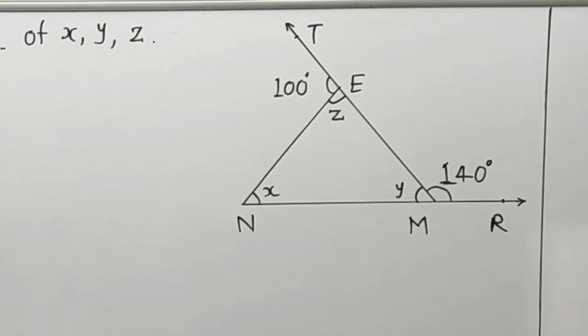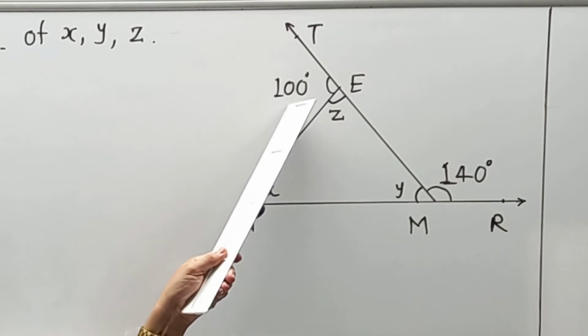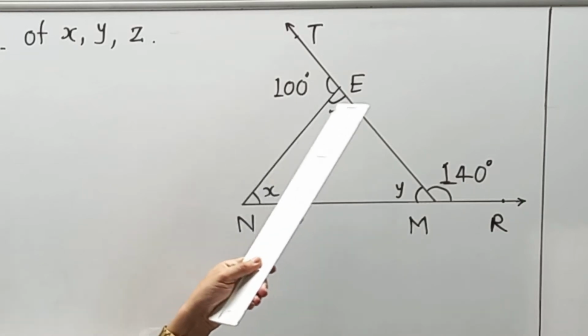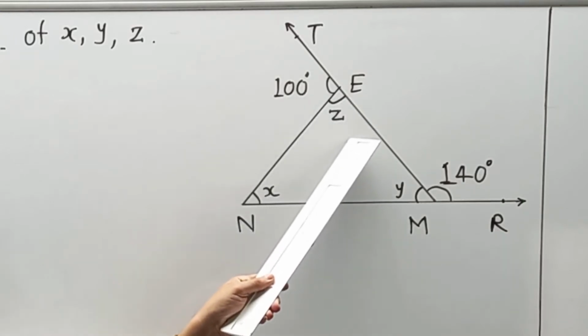Now step by step, with the help of 100 degrees, a linear pair angle Z is available.